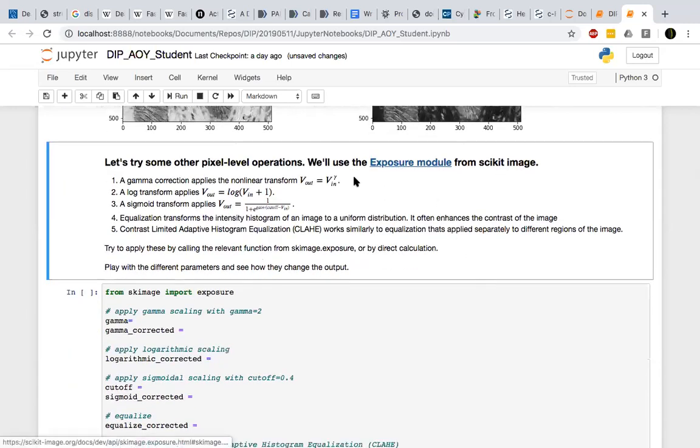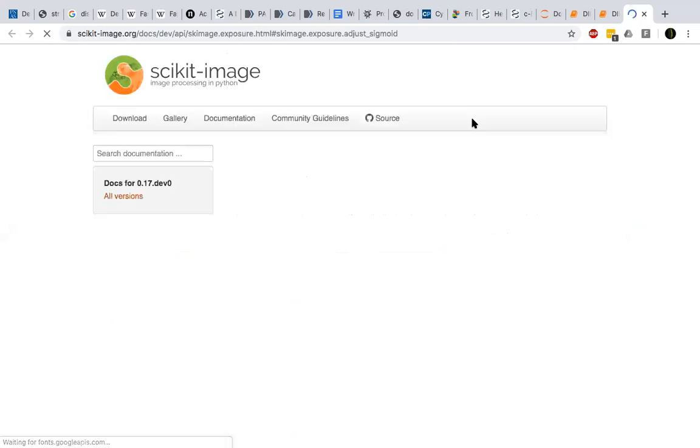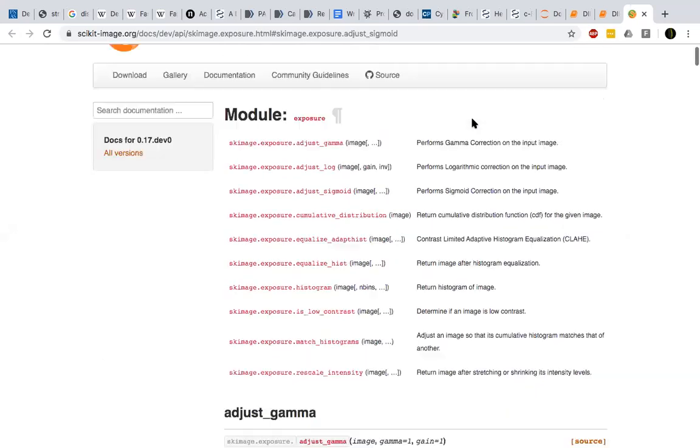Now, instead of just a simple inversion, we wanted to apply a bunch of different pixel level operations. So we use this exposure module. Did everyone go click the link? I worked very hard to make sure there are links everywhere. And from that link, you'd be able to see that there are all these different interesting functions in here.